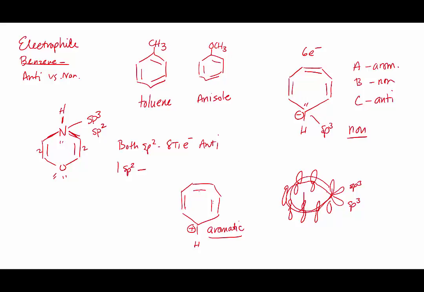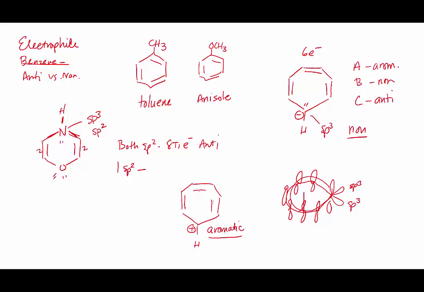So 4n plus 2 is the number of pi electrons. 1 double bond equals 2 pi electrons. It has other consequences, just like 4n has other consequences. But for our purposes, that's what generates the number of allowed electrons to make the system aromatic.